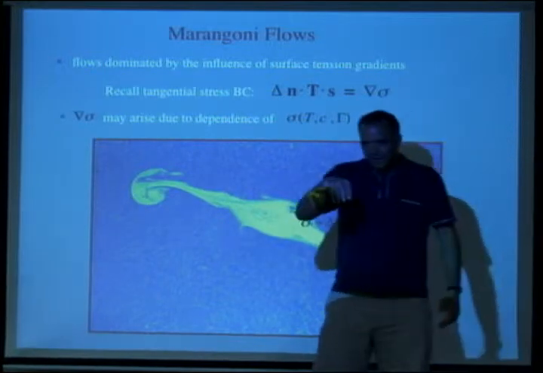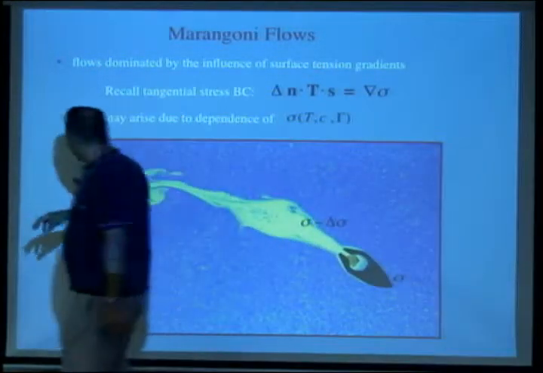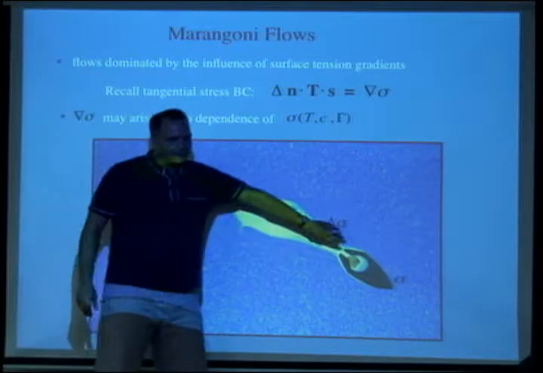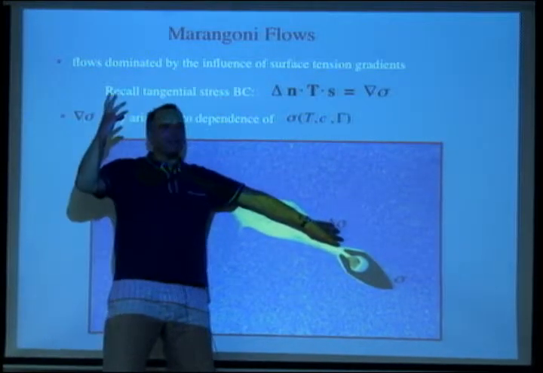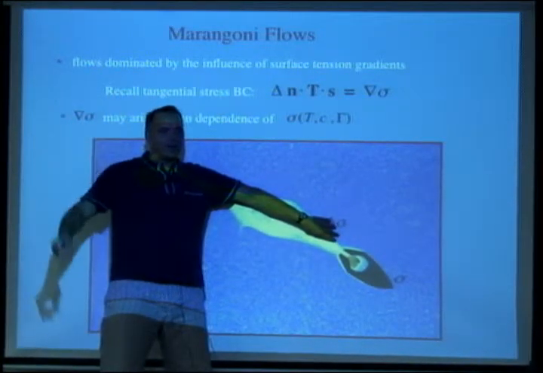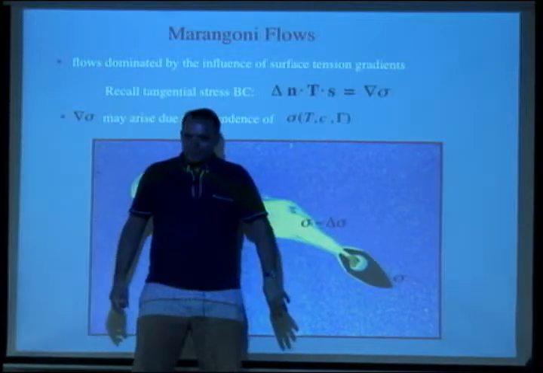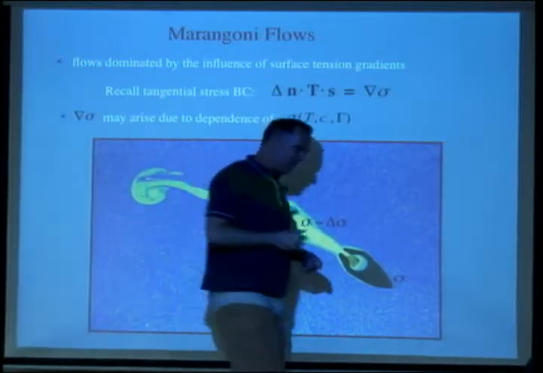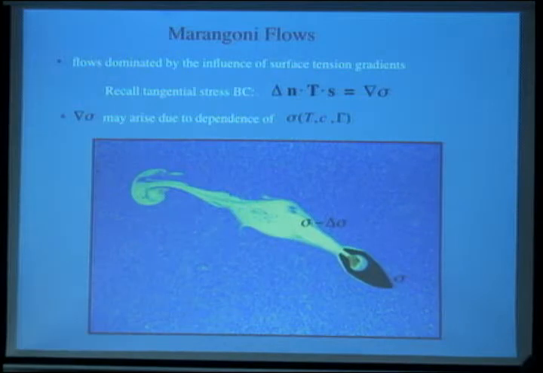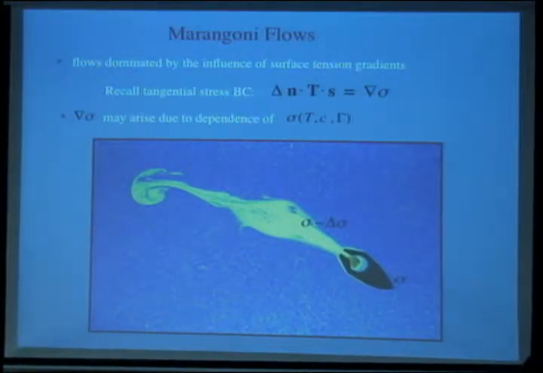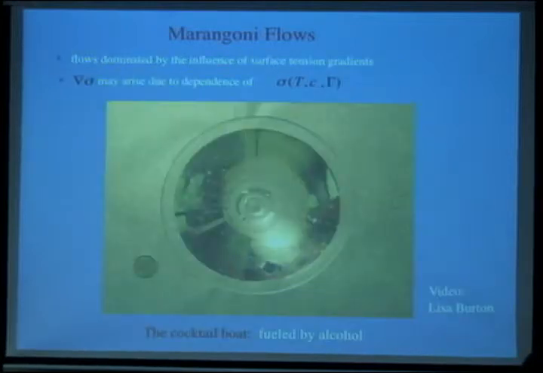This is one of the few instances where I've not found a biological creature that uses the mechanism, but if you use a volatile surfactant, you can actually get the thing to go forever. If it's releasing surfactant that hits the surface, decreases the surface tension, and then evaporates, then the thing can keep going and going. You never saturate the surface, and so that's what we did here. Alcohol does evaporate, so this is our cocktail boat.